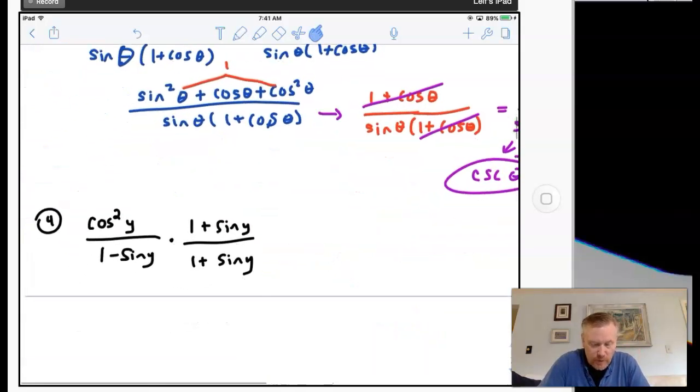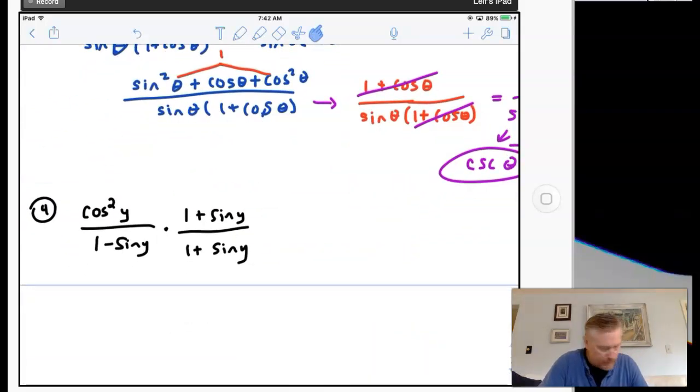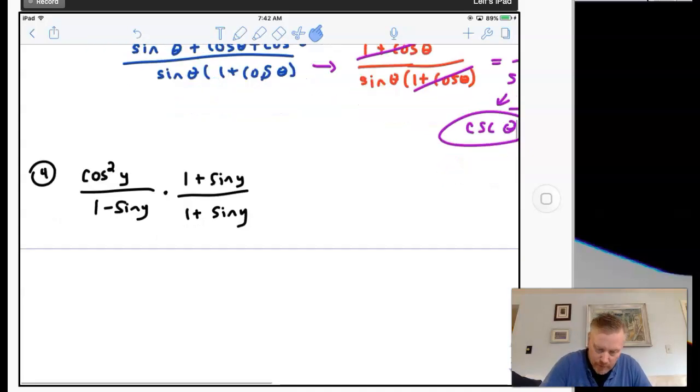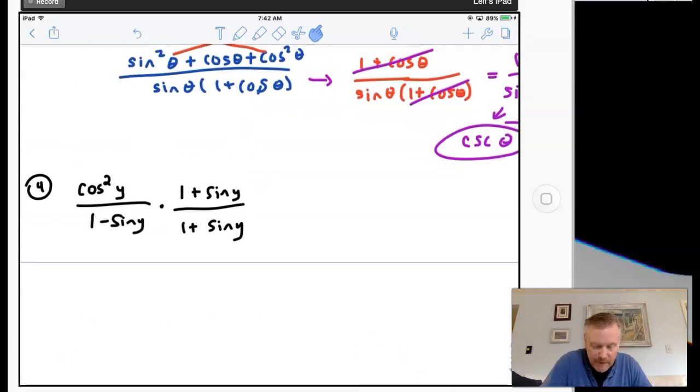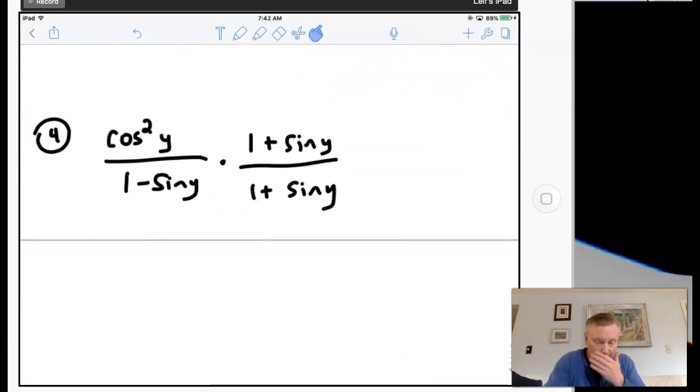All right. So, number 4, here's the last one of these, I think, before I get to verifying the identity. This one looks like kind of straight multiplication, right? If I multiply those together, the denominator is a difference of 2 squares, like x plus 2 times x minus 2 is x squared minus 4.